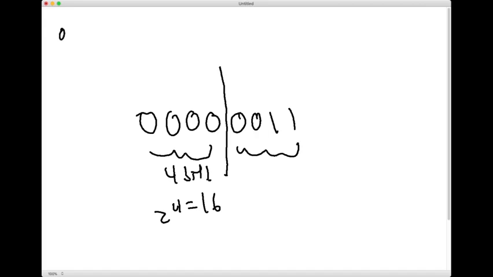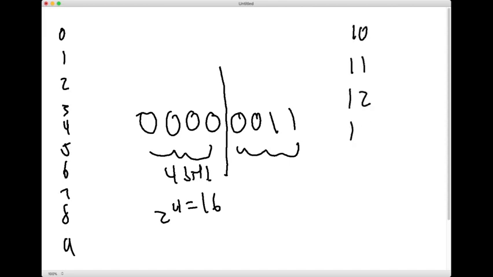There are 0, 1, 2, 3, 4, 5, 6, 7, 8, 9. I'll continue on the right side. 10, 11, 12, 13, 14, 15. And you don't see 16 here because we start counting at 0. Now that's 16 characters.